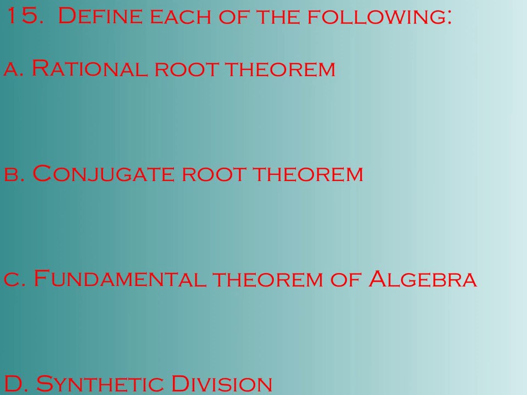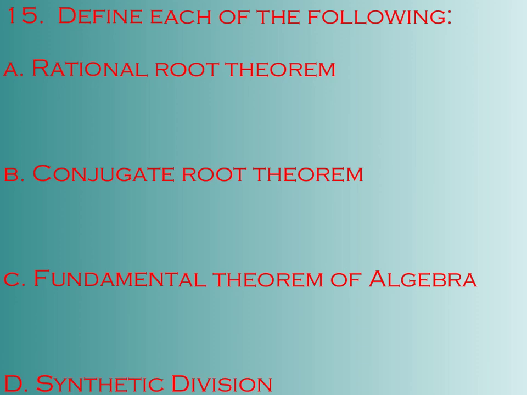The conjugate root theorem lets us know that if we have a square root or an imaginary number as a root, then we also have its conjugate, its opposite. But only if we have an irrational number, a square root, or a complex number, an imaginary number. The fundamental theorem of algebra tells us how many zeros or roots we have.